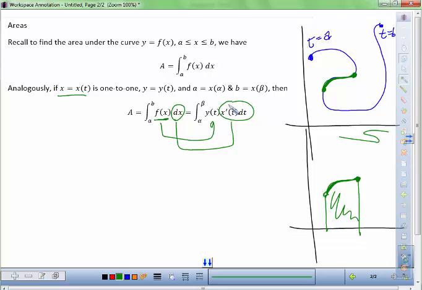So that's the slight change in the way we're going to approach this, but in general, this is coming directly from our formulas. Notice also that this is a and b, but now your limits here are limits of t, so that also may change a little bit. There's some shifting going on there. All right, best thing to do is to do an example, so let's jump into an example and see how it might look.